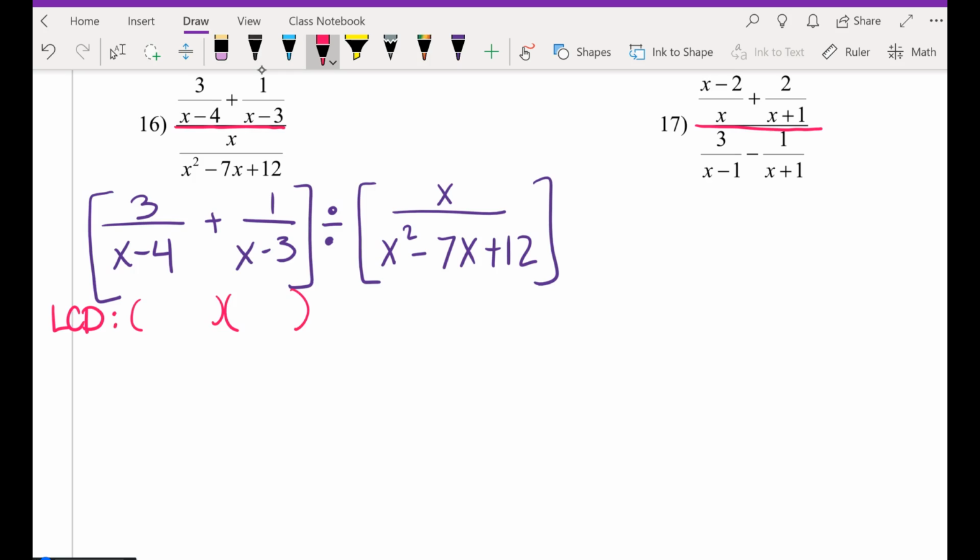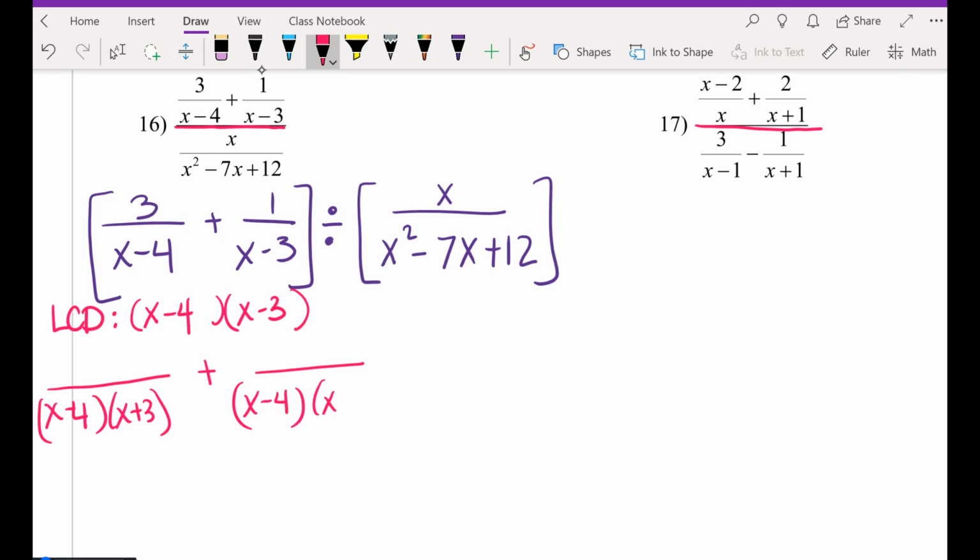Just that first set. That's right. Okay. Then I'm going to do just what we just got done. X minus 4 times x minus 3, it's a minus 3, Aaron said. X minus 3, x minus 3.